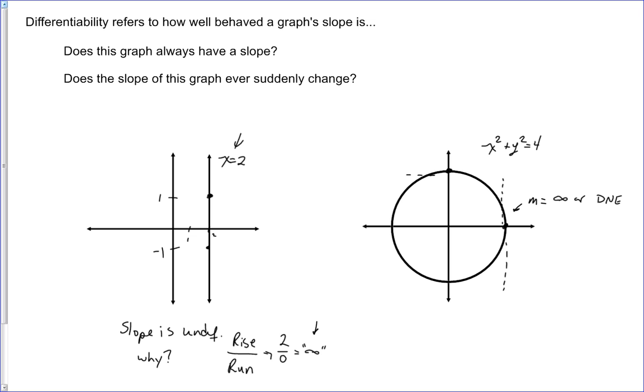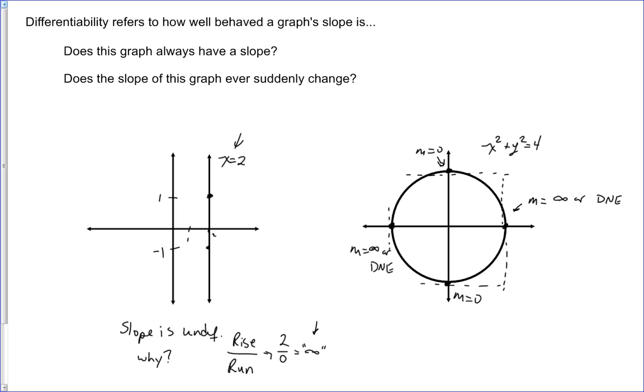The tangent line runs horizontally, and the slope of a horizontal line is simply 0. Then the other side just repeats this side, and the bottom just repeats the top. So m equals infinity, or does not exist, on the sides, and down here, you have your tangent line, m equals 0.